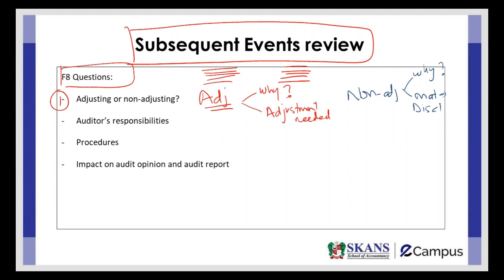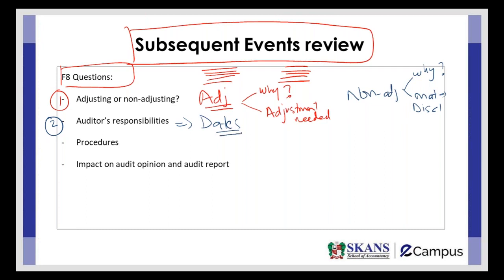So guys, please remember, for you to be able to get a good number of marks for the first element, this is the technique that has to be followed. You might also be asked to explain auditor's responsibilities. For these, you will have to evaluate the dates that are given and then you can come up with your answer.